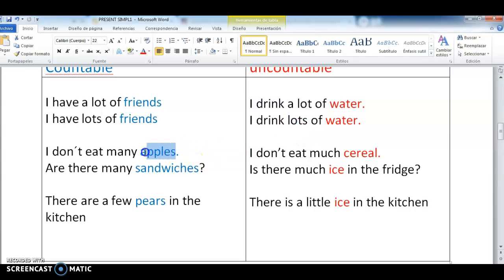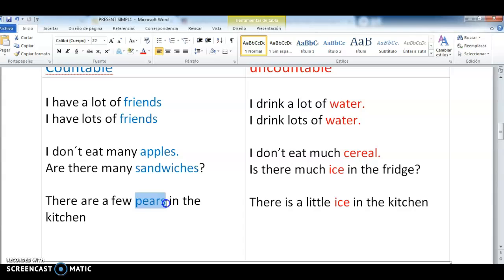If I'm talking about apples, then my quantifier is going to be many, because many works with countable nouns. If my noun is not countable, then I have to use much, because much only works with not countable nouns.